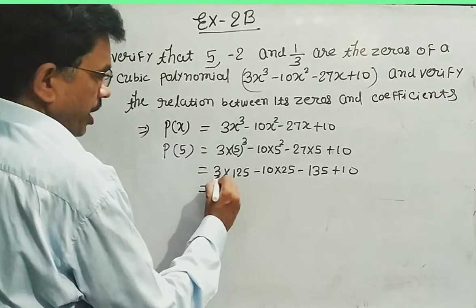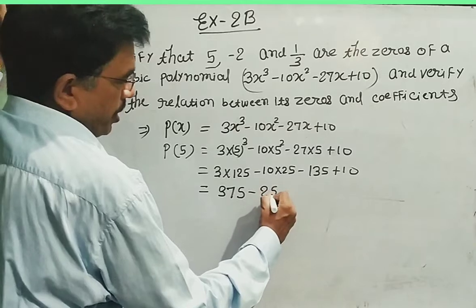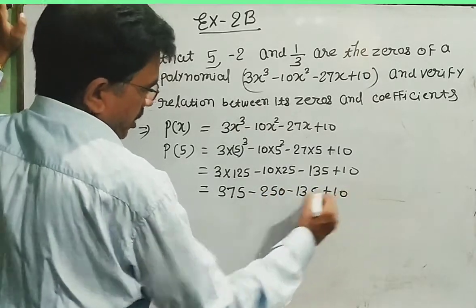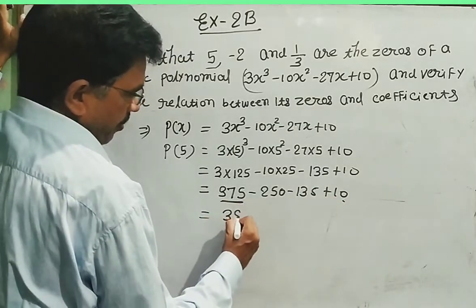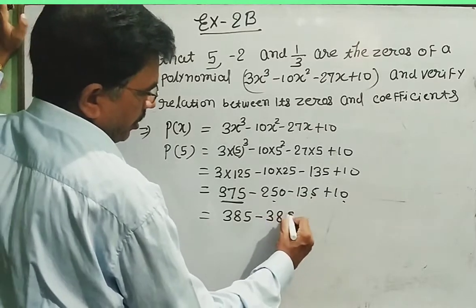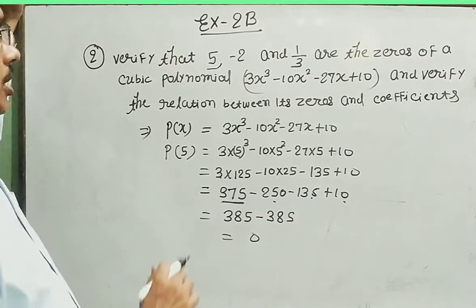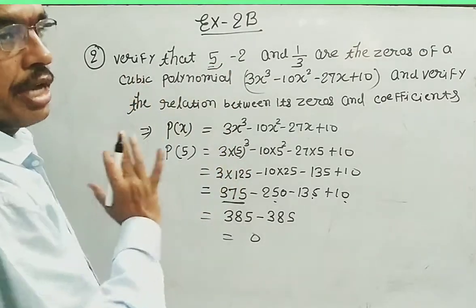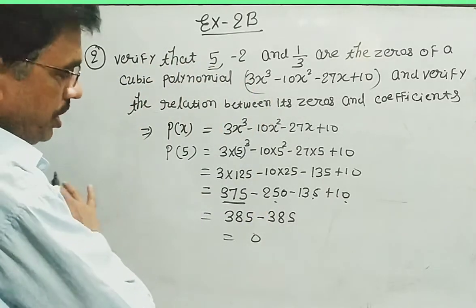Then 375 plus 10 gives 385, and the minus terms also give 385. Then the result will be 0. So it is clear that 5 is a root of the equation, that is, 5 is a zero of the cubic polynomial.